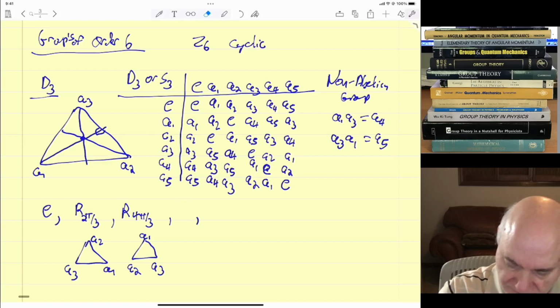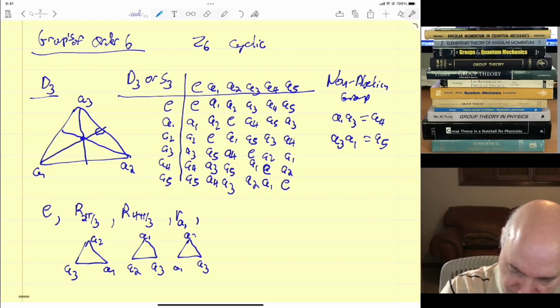So if I call these reflections little r, I can reflect about A1, and then that would give me a triangle where A1 stays the same, but this becomes A3 and this becomes A2. Or I can reflect about A2.